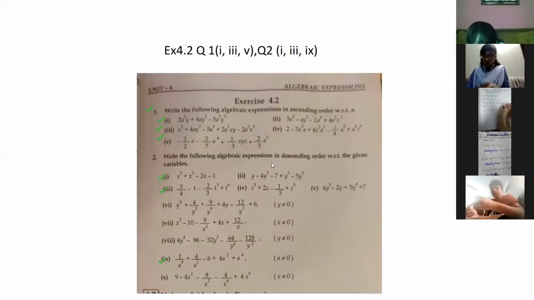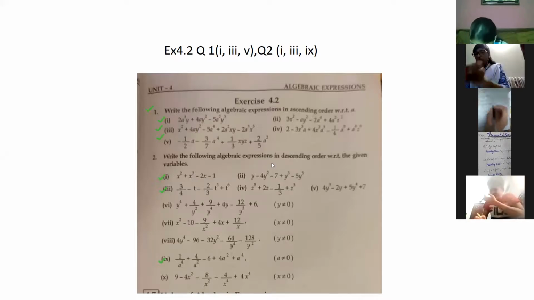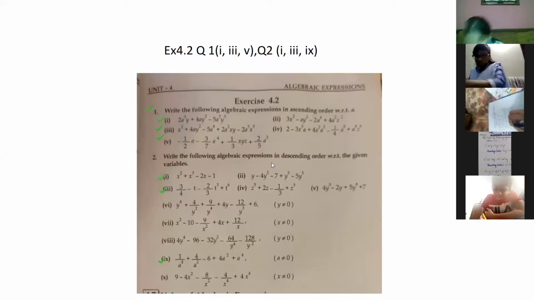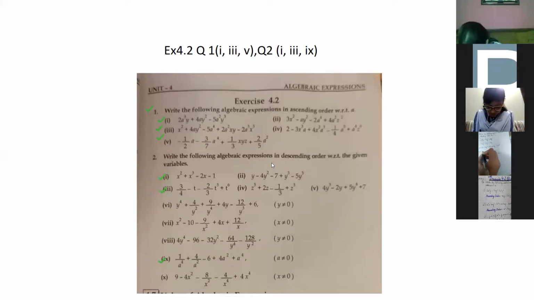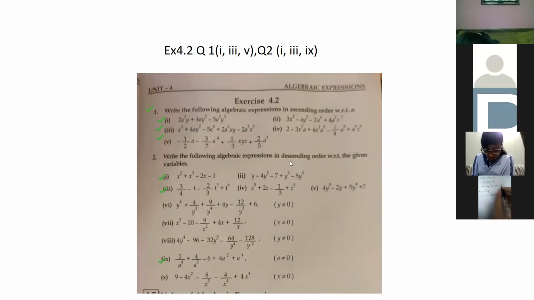Now, who is raising the hand here? Sumayya, Ali. These two students are raising their hand. Amna and Ali and Nuseba. Okay, one second, three of you. Turn by turn I will unmute you. First, let me read the question. Write the following algebraic expression in descending order. Okay, Amna, Ali, Nuseba. What we have to do?